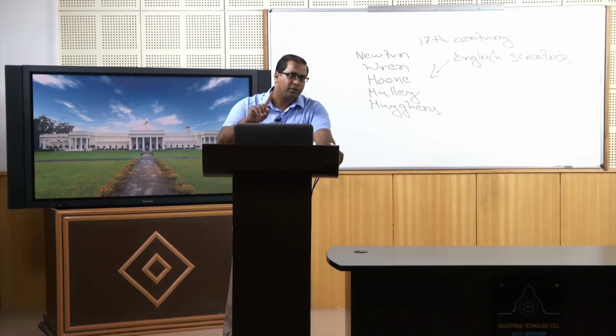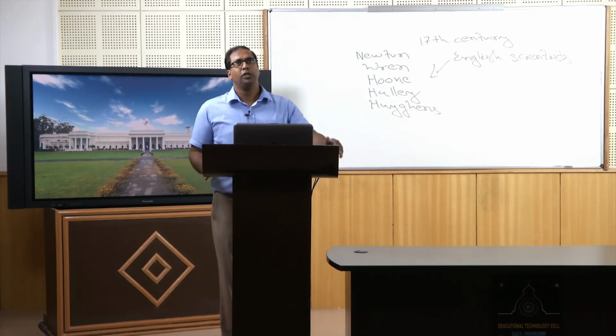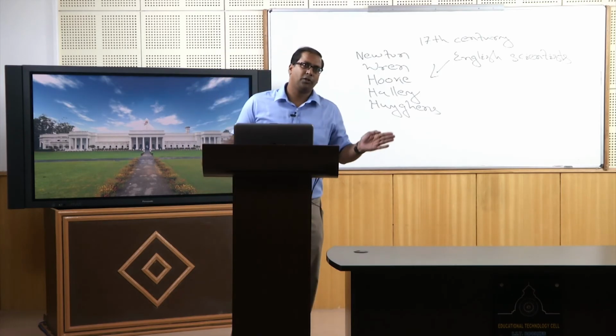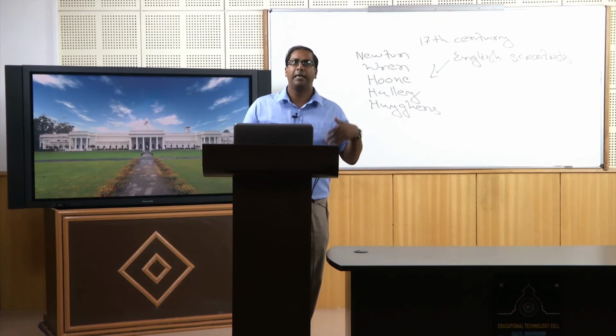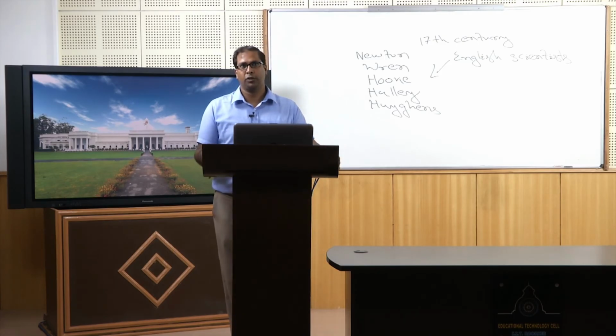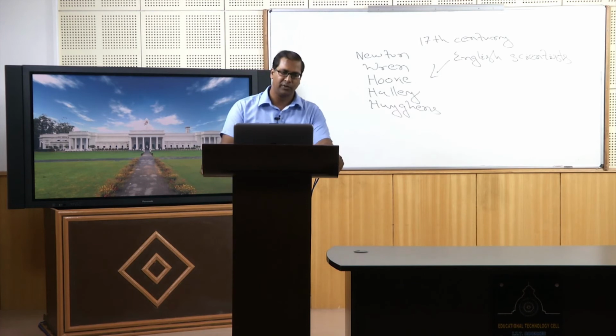So that is one of the social needs which led to advancement in science and technology, that the promise of social mobility, more social prestige, more social acclaim, more economic benefits definitely triggered interest in the scientist, and that led to scientific and technological advancement in 17th century England.